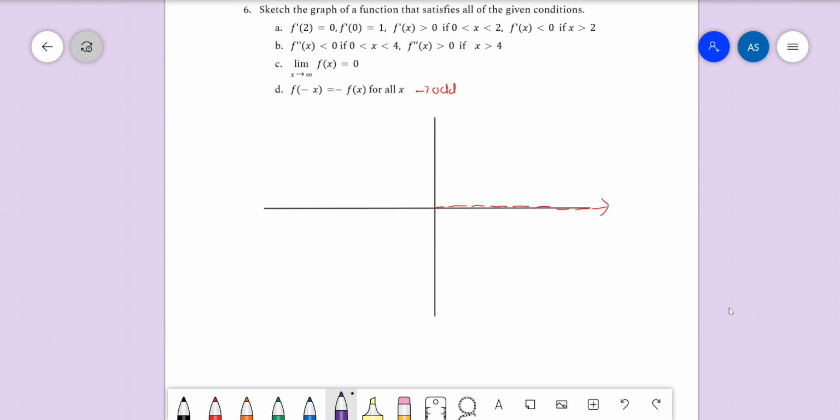So what I like to do is draw two lines. The first line will have the first derivative, the second line will have the second derivative. So 0, 1, 2, from 0 to 2, it will be increasing, and then from 2 to infinity, it will be decreasing. So positive slope, negative slope. Got that down.